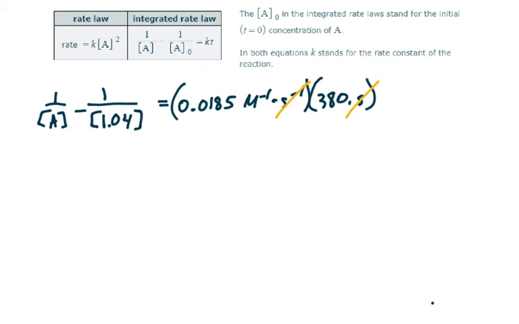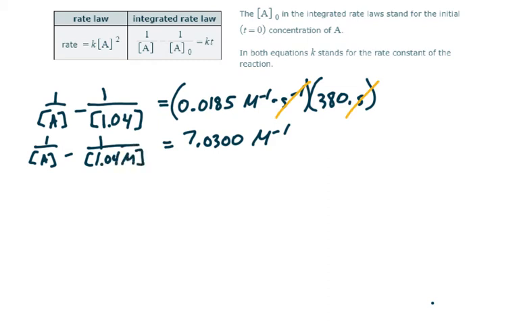And when I put this into the calculator, the value that I get here is 7.0300, and my units are molar to the minus 1. Now we have 1 over this minus 1 over 1.04 molar is equal to that value. So the next thing we can do, remember we want to isolate this by itself because we're solving for that. So let's take this and add it to this side.